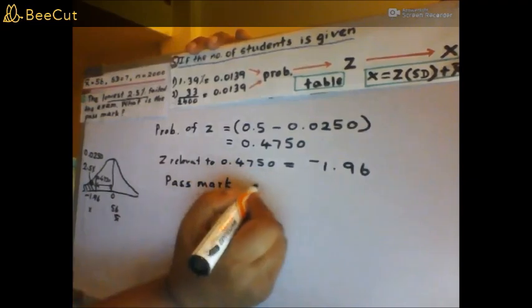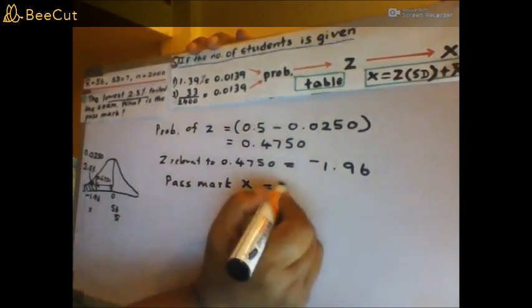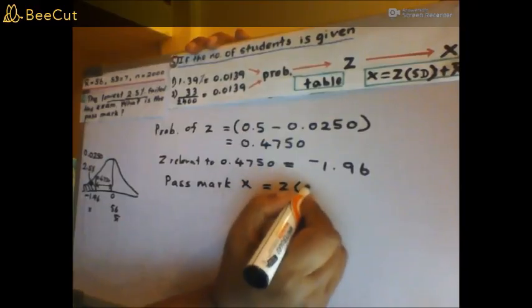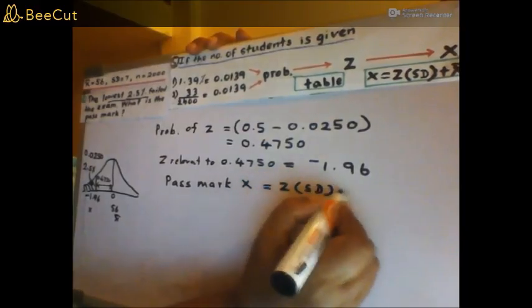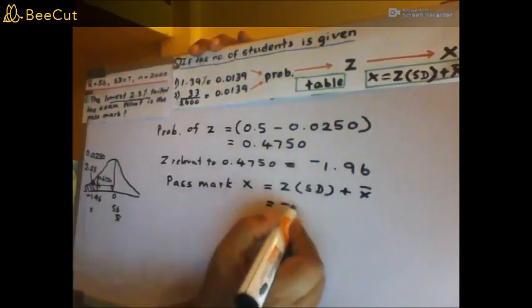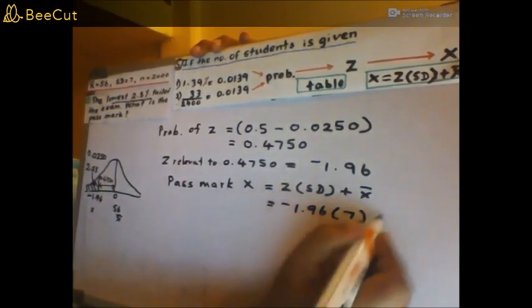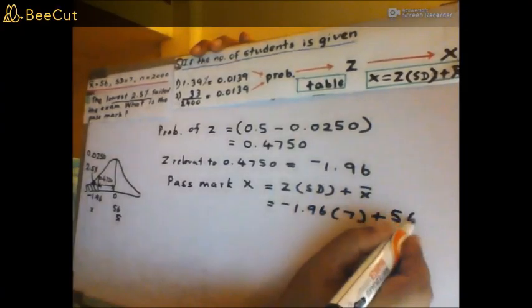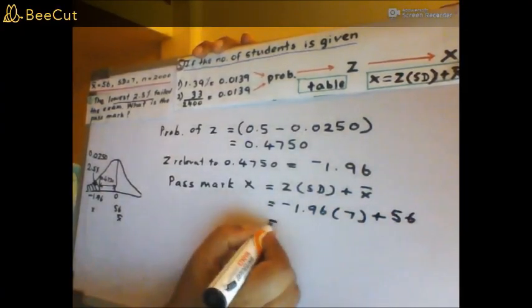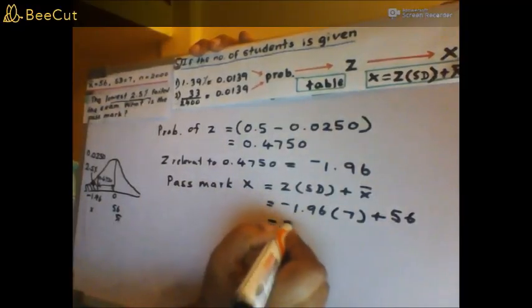Pass mark X equals, write that formula, Z into SD plus X bar. So our Z is minus 1.96 into 7 plus 56. So here the value is minus 13.72.